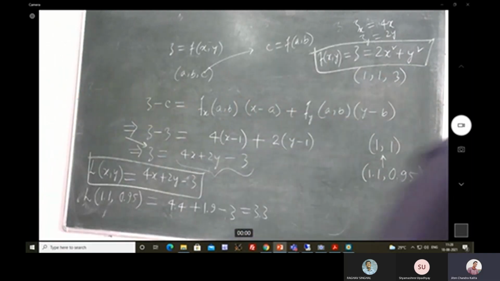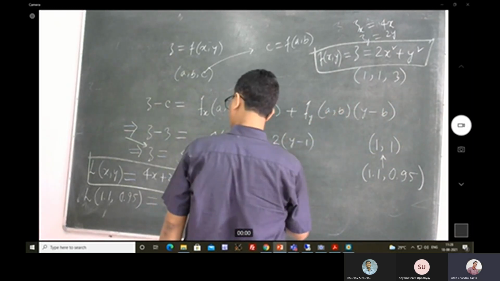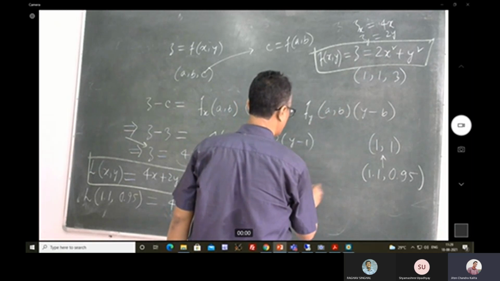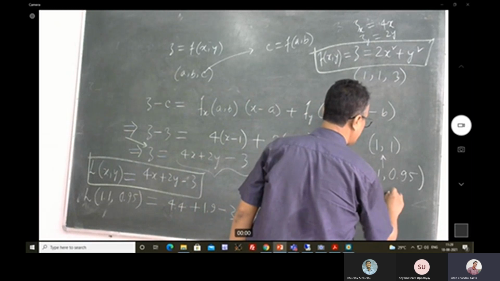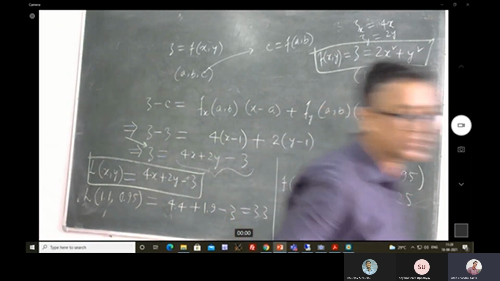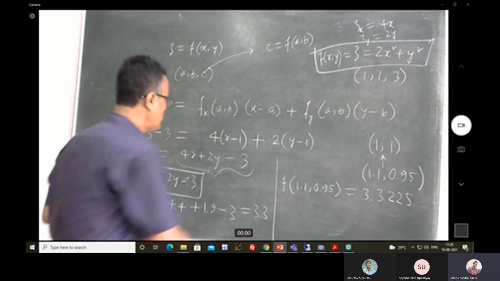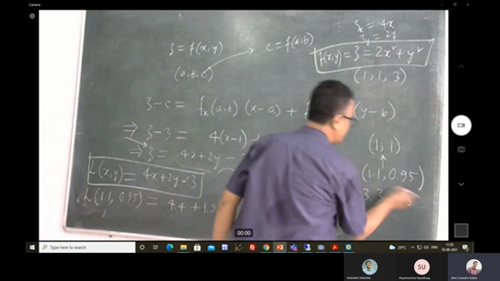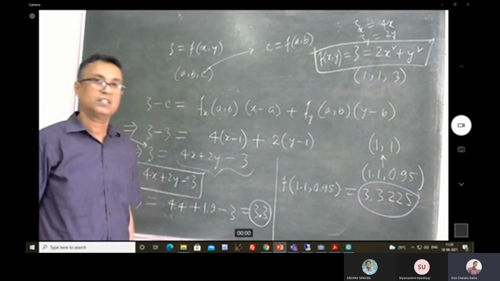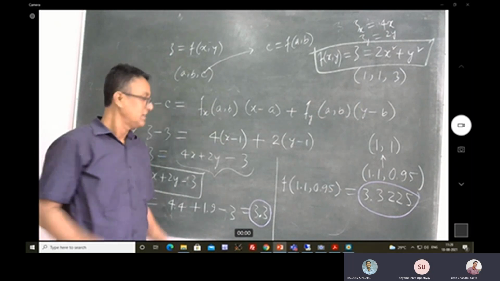Okay, fine. And now if I want to find out f of (1.1, 0.95), so let me tell you, it is going to be 3.3225. Okay. Now, if you look at this one and this one, they're very close to each other, isn't it? Is it okay? Fine. Yes.